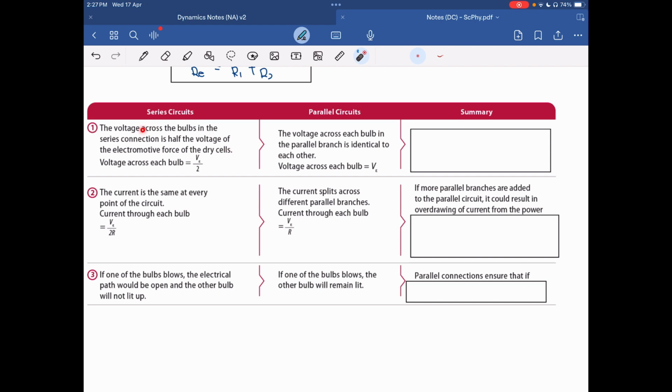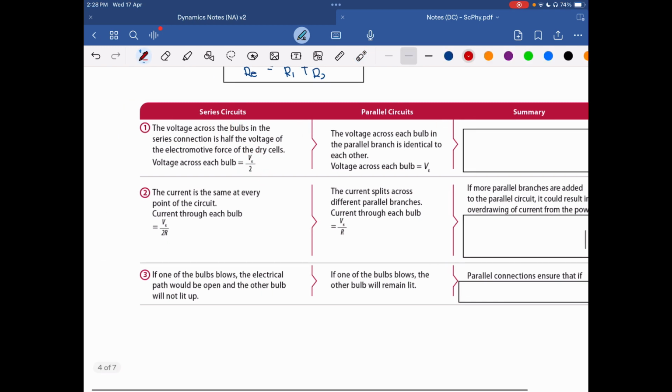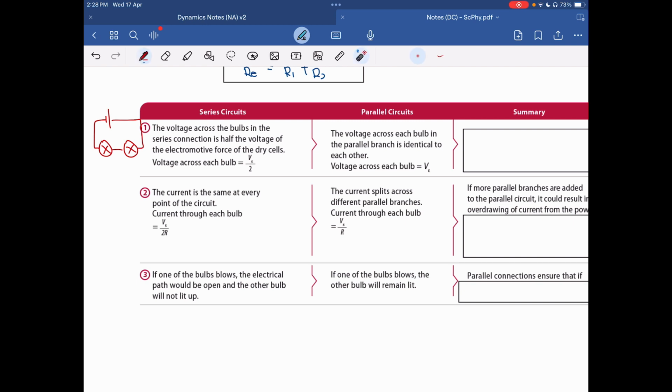First of all, in series, the voltage across the bulb will become half when it's connected to each of the components just now. So if, let's say, the two bulbs have the same resistance, for example, it looks something like this, the potential difference across one of the bulbs will just be half.